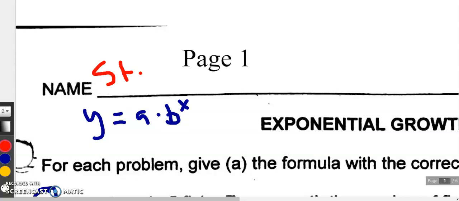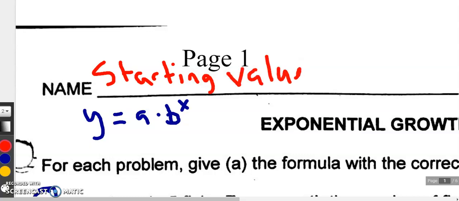So that first number, the a, is going to represent some sort of starting value.